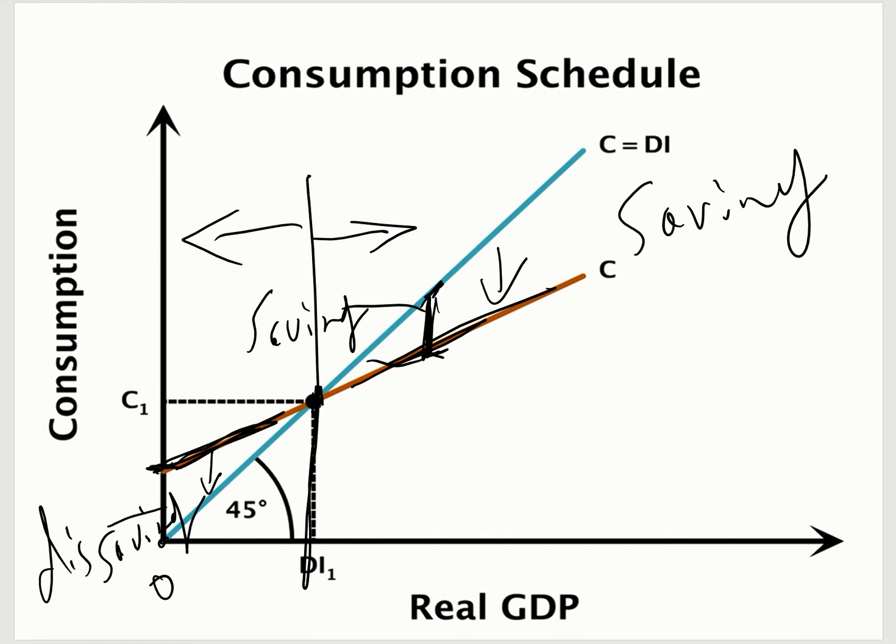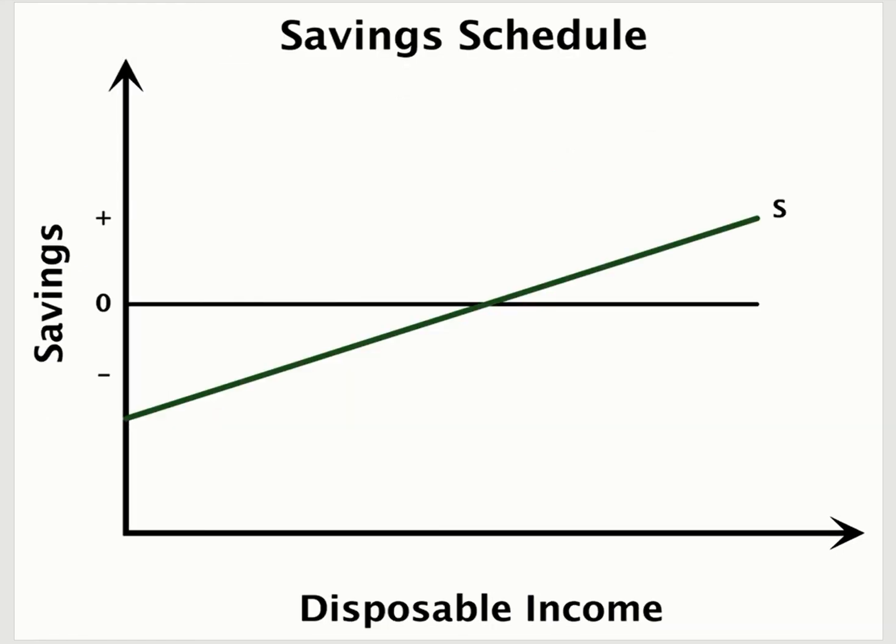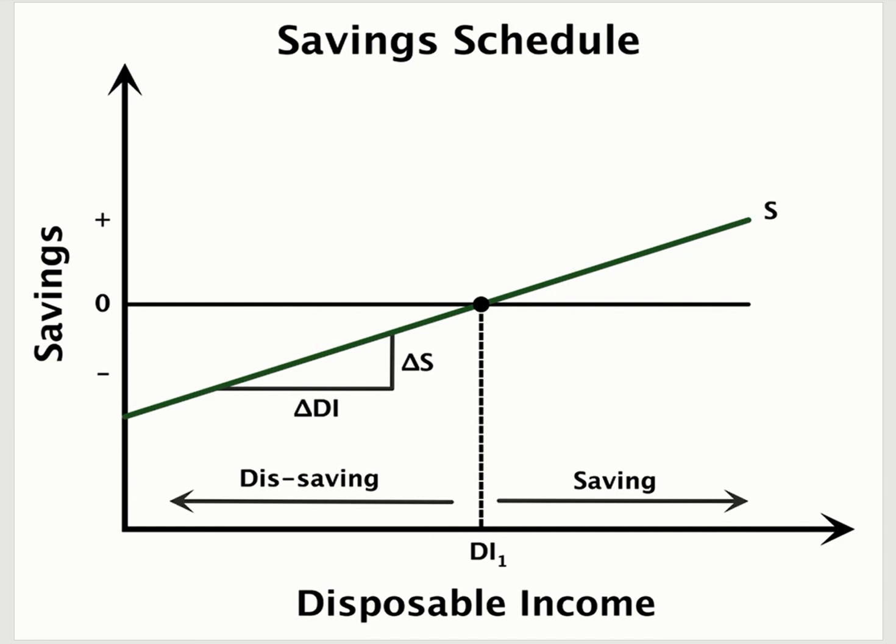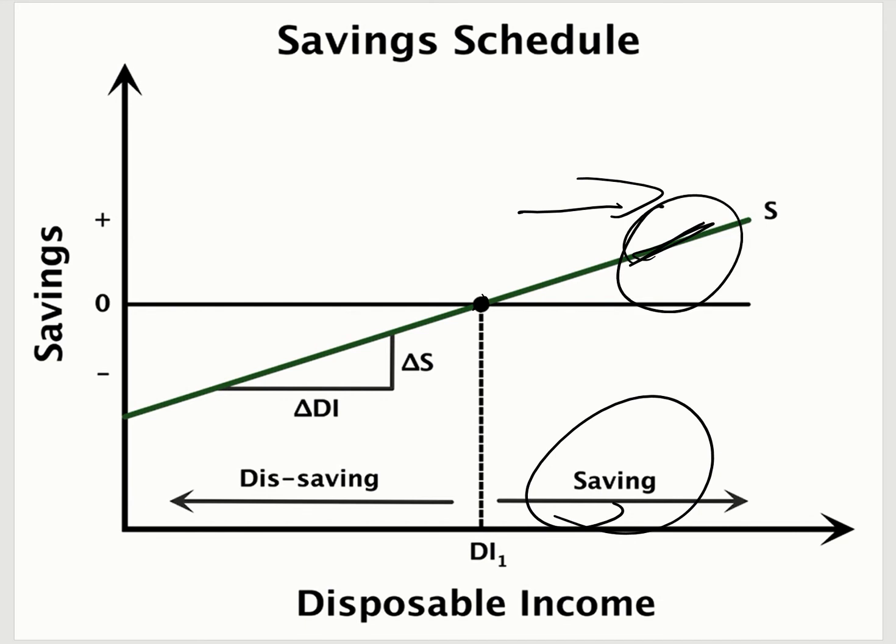All right, so now for your saving schedule, similar to what we saw before, we're going to draw a zero line here. Anywhere positive is saving. Anywhere negative is dissaving. So according to this diagram, to the right we have saving because your saving is positive, right? And to the left you have dissaving because your saving becomes negative.